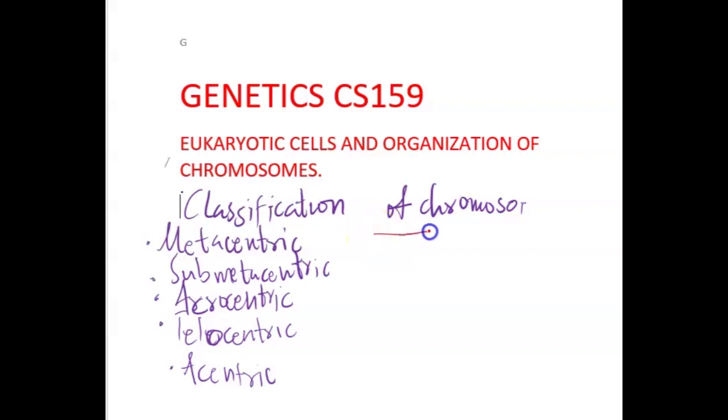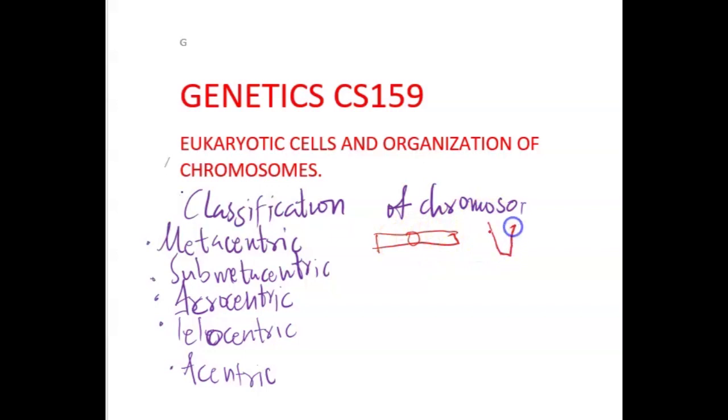Let's say this is the full length of it, and you have the centromere in the middle here. So the centromere divides the chromosome into two equal parts, which makes it form a V shape.